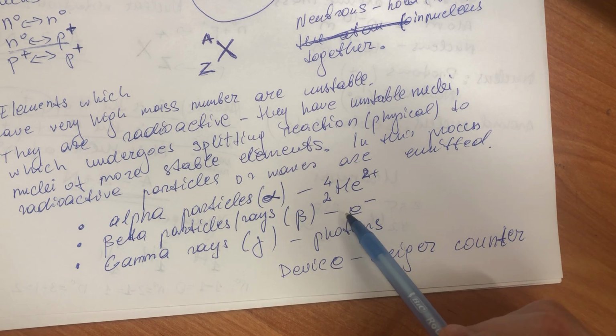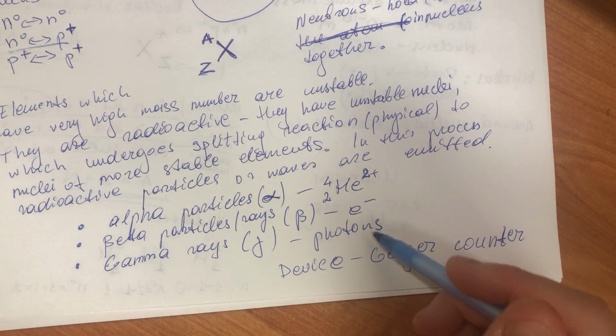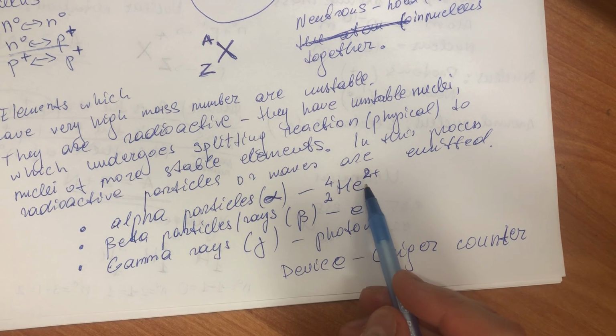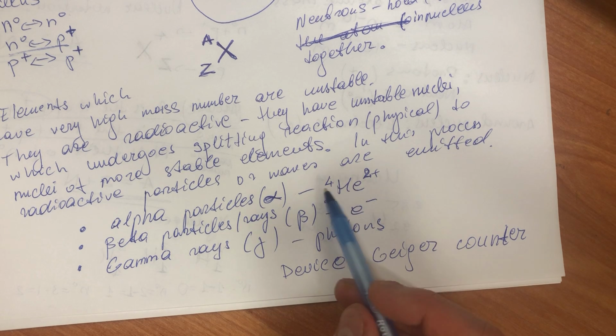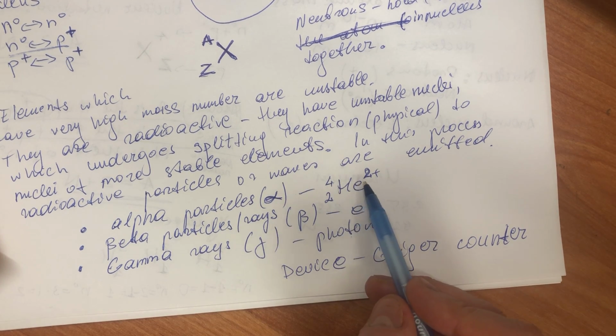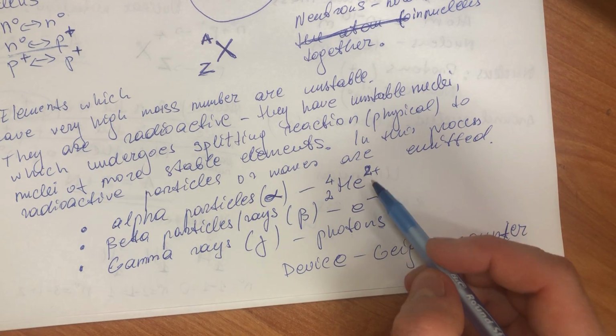Beta are more dangerous, and gamma rays are the most dangerous. Alpha particles are heavy particles, so due to this they are less dangerous.